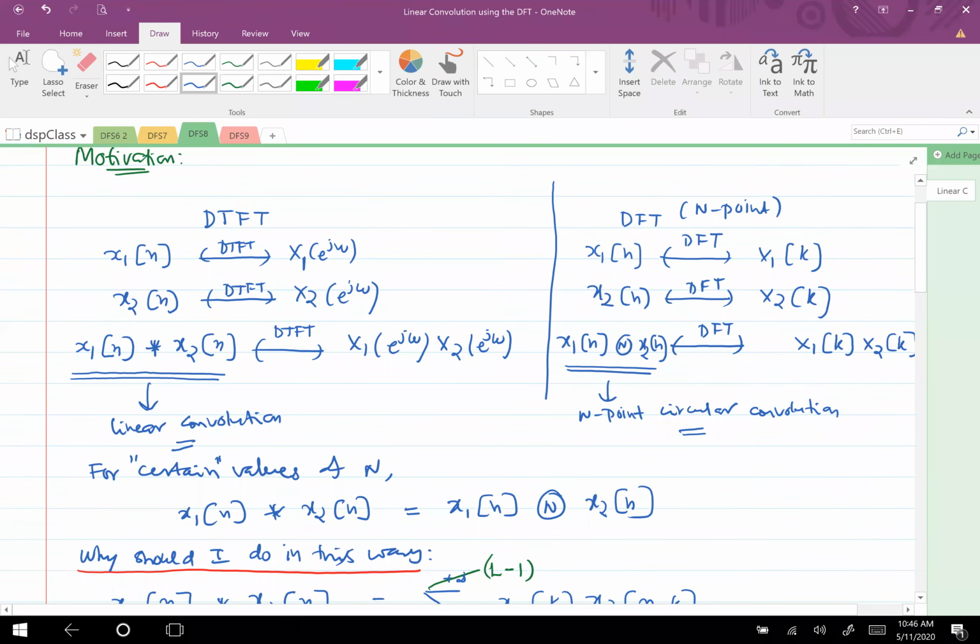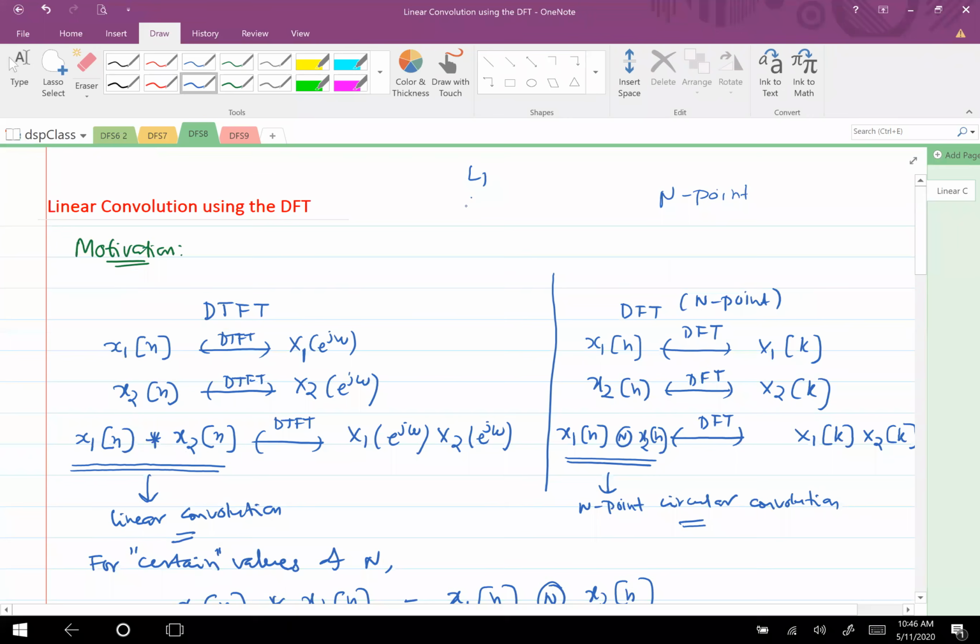Suppose one sequence is of length L1 and another is L2. If you perform linear convolution between these two, the non-zero length will be L1 plus L2 minus 1, and for each of these you again have to do multiplications and additions. Assume that L2 is just a small kernel, you could ignore it with respect to the length of the original sequence on which you want to apply it. So this would be roughly of the order of L squared operations.